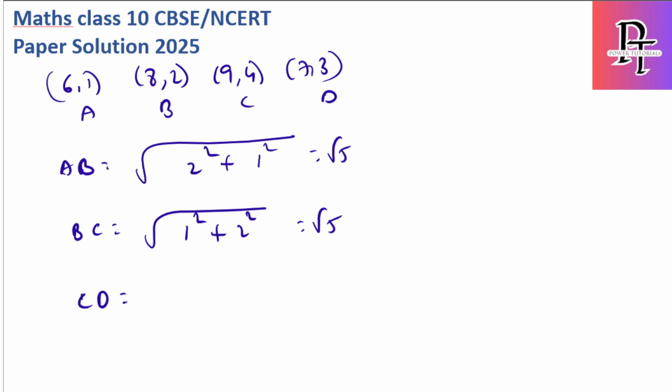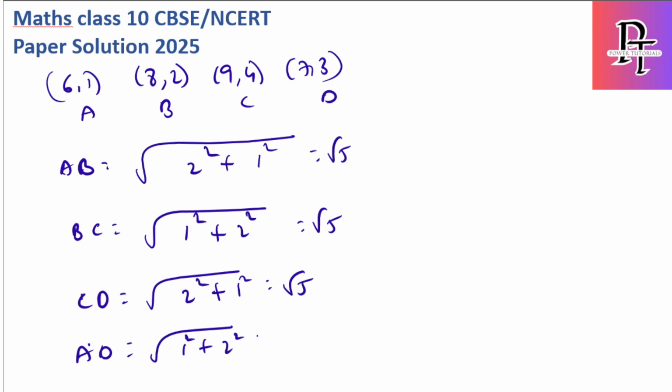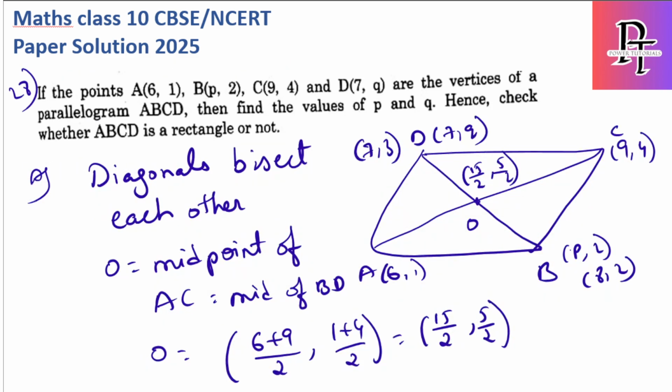Okay, CD: 7 minus 9, minus 2 whole square is 2 square, 3 minus 4 again 1 square, which is root 5. And last one AD: 7 minus 6, 1 square, plus 3 minus 1, 2 square, which is again root 5. So this is not a rectangle, this is a square. They're asking to check whether it is a rectangle or not. Okay, we have to say that it is not a rectangle.